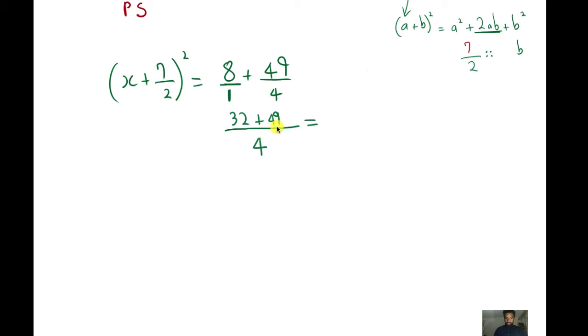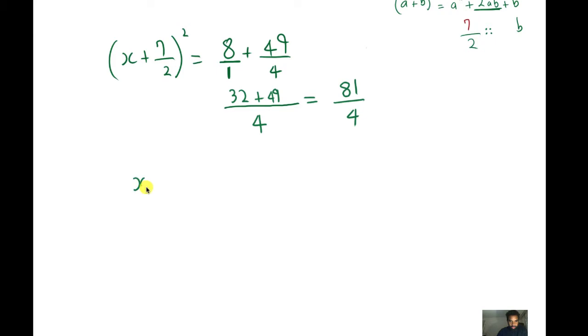That's 70. And then we have an extra 2 plus 9, which is 11. So 70 plus 11 should give us 81 divided by 4. Okay, and so now we can continue writing out our equation as x plus 7 over 2 all squared is equal to 81 over 4.